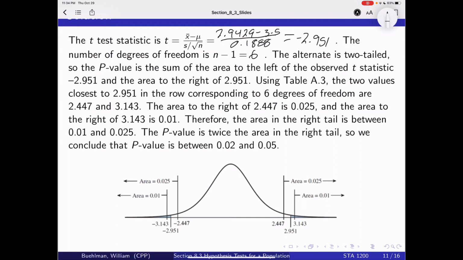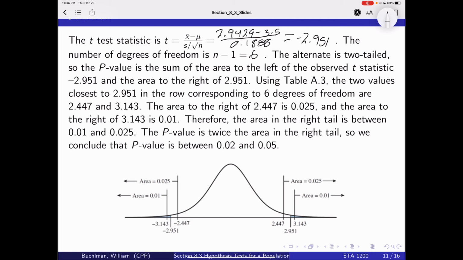Using table A3, the two values that are closest to 2.951 in the row corresponding to 6 degrees of freedom are 2.447 and 3.143. The area to the right of 2.447 is 0.025, and the area to the right of 3.143 is 0.01. Therefore, the area of the right tail is between 0.01 and 0.025.